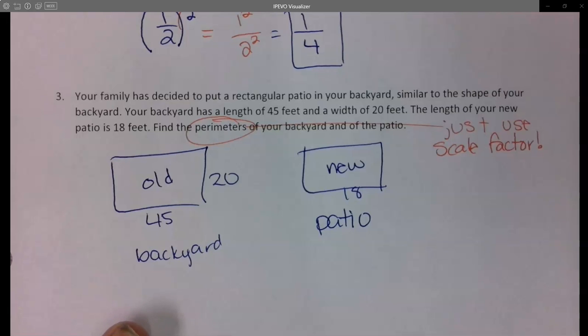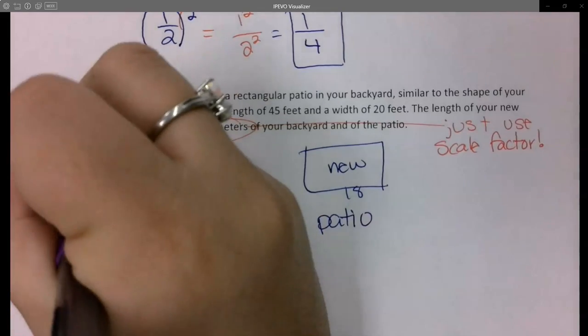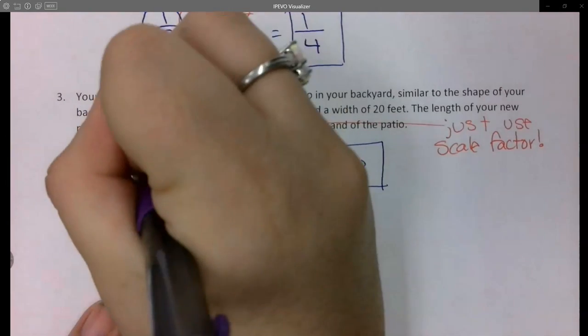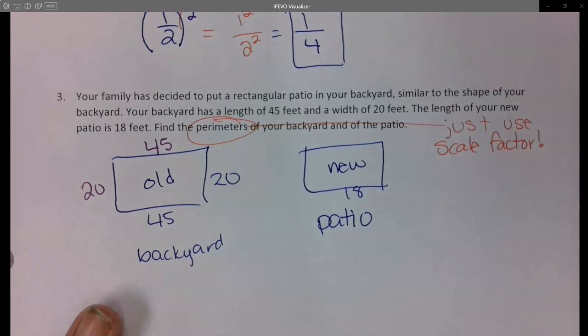So on the backyard, I have this side is 20 and this side is 45, because opposite sides of rectangles are congruent. Then I want to find the perimeter by adding up all of the side lengths for the backyard.